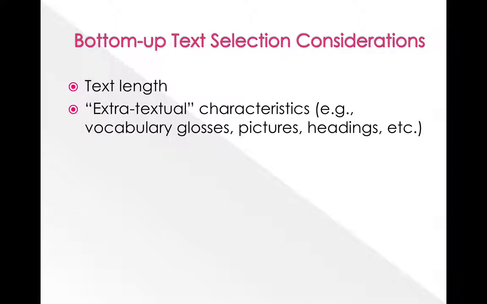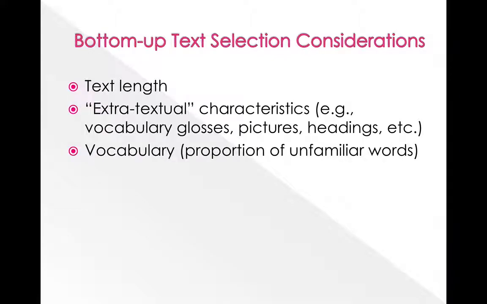For example, in many second language textbooks, a vocabulary word is either italicized or bolded, and a short definition is provided next to the reading. Pictures can also play a big role in helping students to comprehend a text, and so would illustrations, subtitles, or subheadings, and headings.